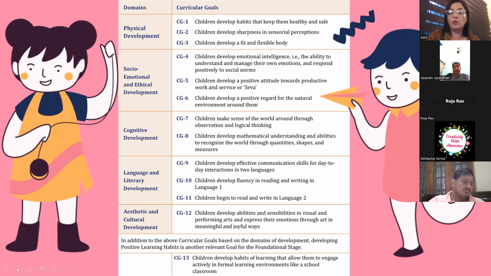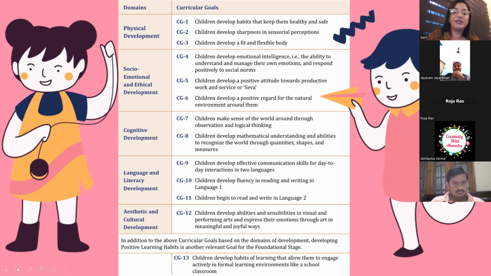In curriculum goal 10th, children develop fluency in reading and writing in language 1, that is their own mother tongue. The primary language is the prime focus over here. It is a key focus, thus ensuring that children can read and write fluently in their first language.